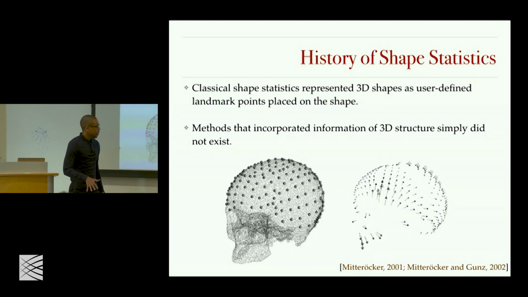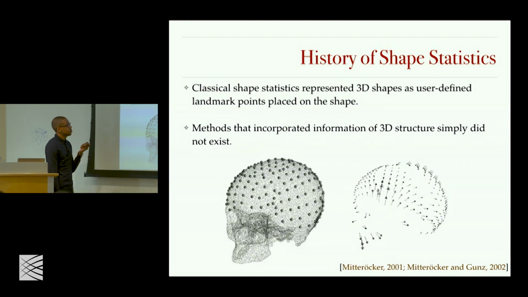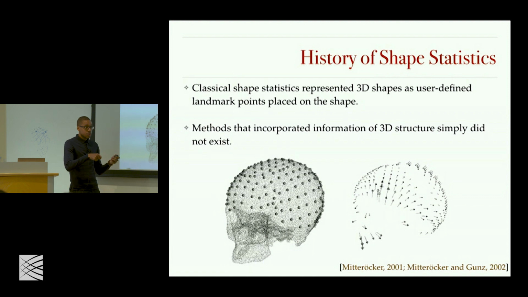Emily touched on it a little bit at the end, this idea of landmarks, right? The history of shape statistics and geometric morphometrics has typically been based on landmarks. Classically, we have some kind of three-dimensional shape. We place these landmarks, which are either user-defined or, now, placed by more automated techniques.